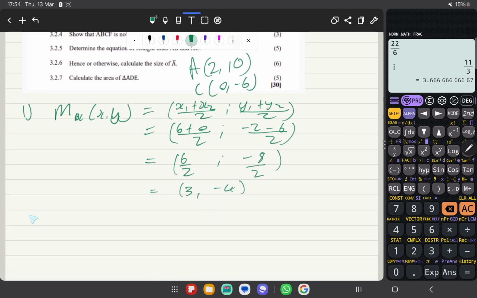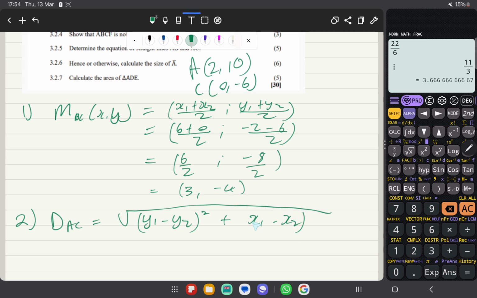Number 2, if I calculate, what do we call that? The distance. So the distance of AC will be the formula: y1 minus y2 squared plus x1 minus x2 squared.